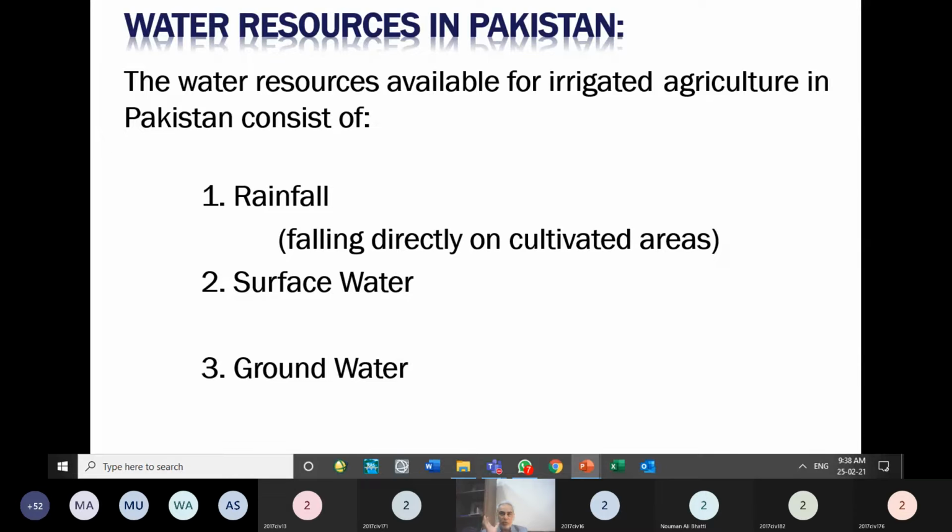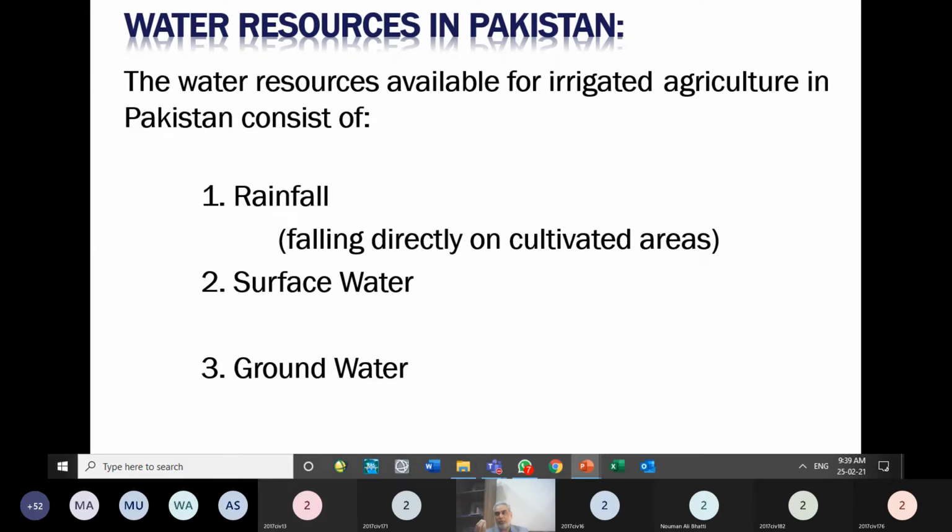One is the monsoon season, and one is the westerly system of weather. Bulk of our water is available in the monsoon season. So 80% of the water comes through rainfall in 3 or 4 months of the monsoon.